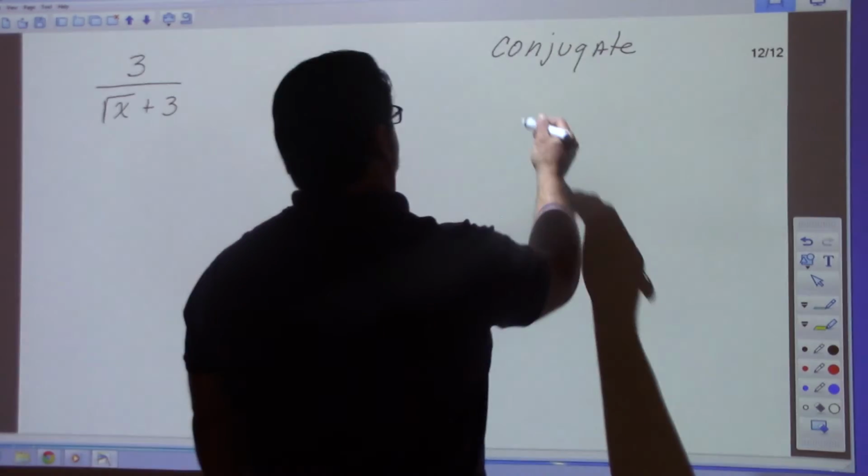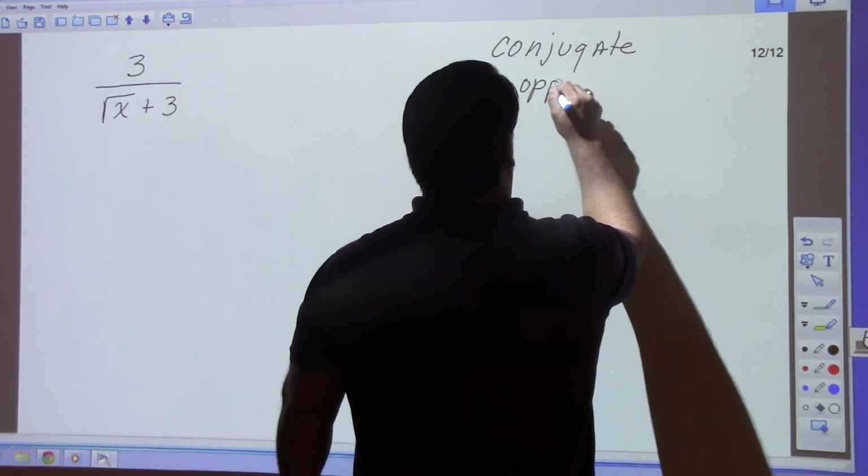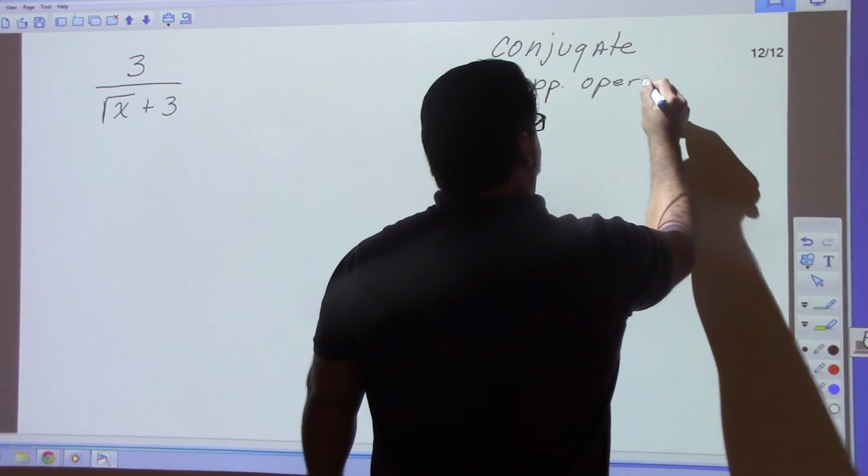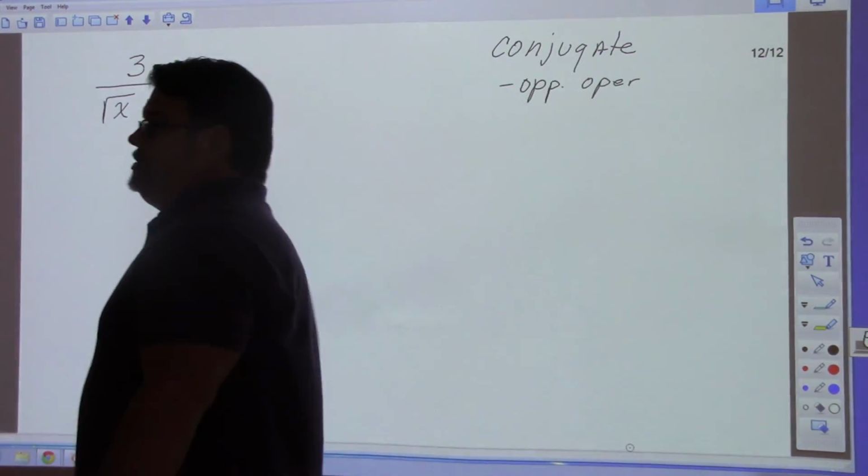Conjugate means the opposite operation, basically. I'm not going to give you the mathematical definition because you won't remember it. Opposite operation. So if I tell you 2 plus 3, what's the conjugate of 2 plus 3? 2 minus 3. If A plus B, the conjugate is A minus B.